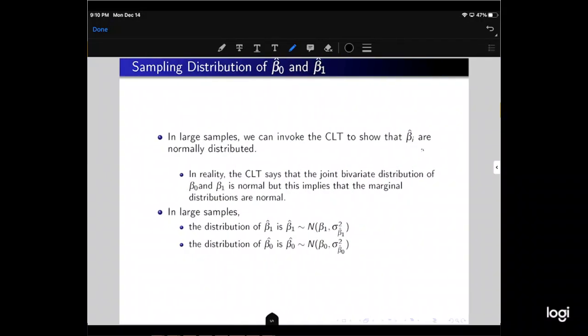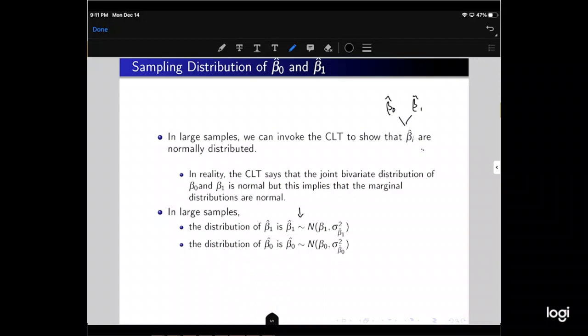In large samples, we can invoke the central limit theorem to show that beta hat i are normally distributed. So when I say i, I'm indexing the betas, so that's going to be beta hat 0 and beta hat 1. In reality, the central limit theorem says that the joint bivariate distribution of beta hat 0 and beta hat 1 is normal, but this implies that the marginal distributions are also normal. So in large samples, the distribution of beta hat 1 is, this little symbol here is distributed.